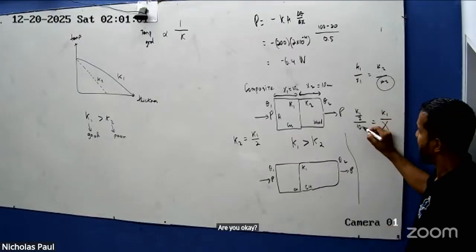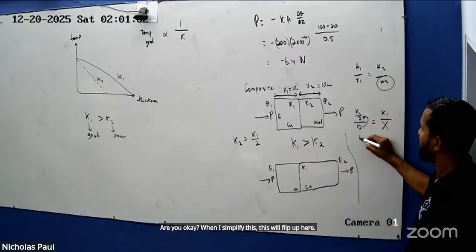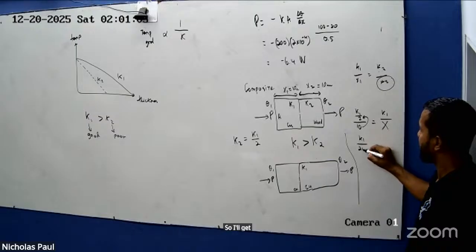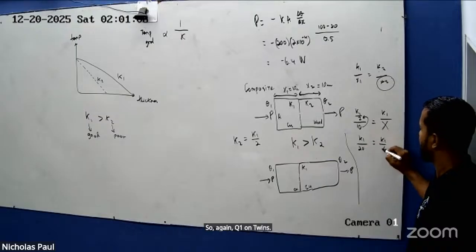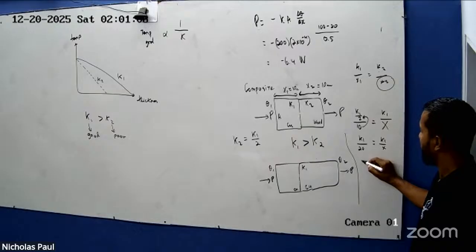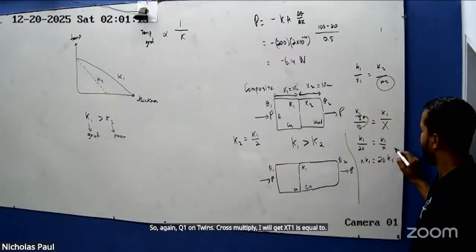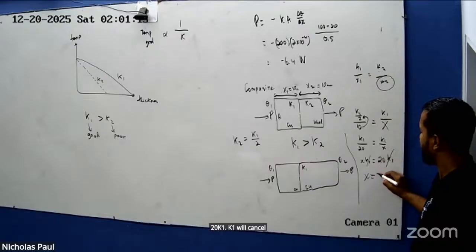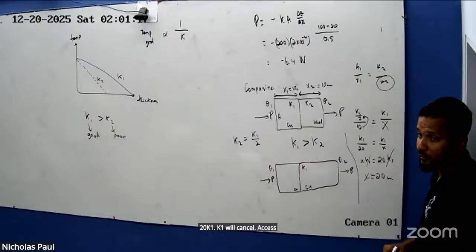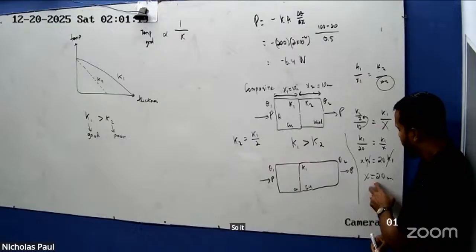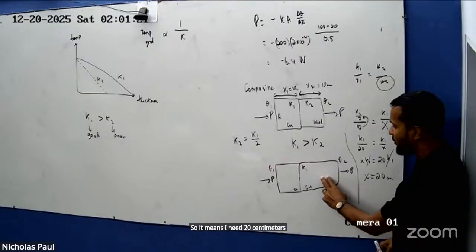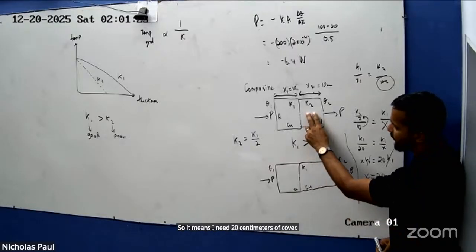When I simplify this, it flips up here, so I get K1 over 20. Cross multiply, I get X K1 is equal to 20 K1. K1 cancels, so X is 20 centimeters. It means I need 20 centimeters of copper to replace 10 centimeters of wood.